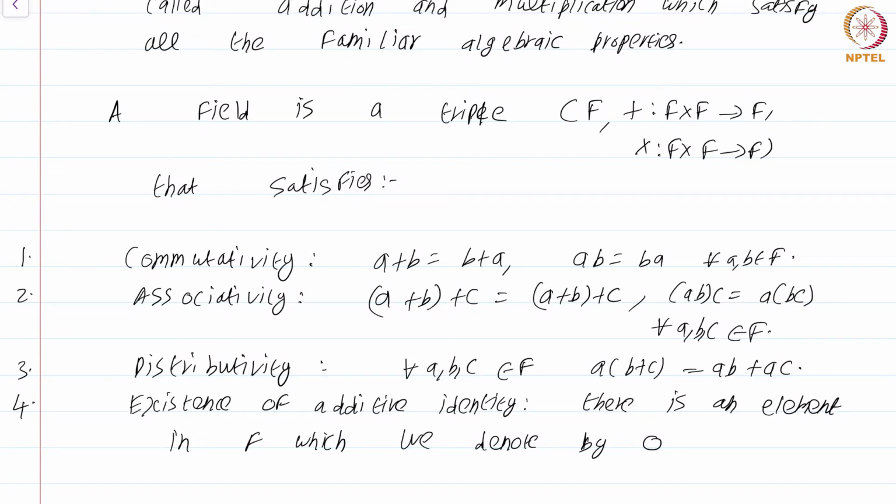This is an abstract set which has elements that could look entirely different. This particular element we are denoting as 0 for our psychological comfort and for the reason that it should visually reveal something about it. What it reveals is, for all a in F, a plus 0 is a is equal to 0 plus a.